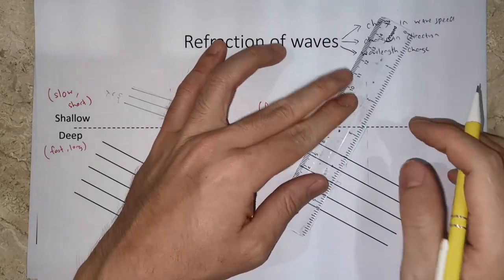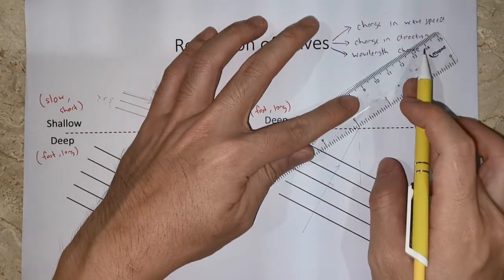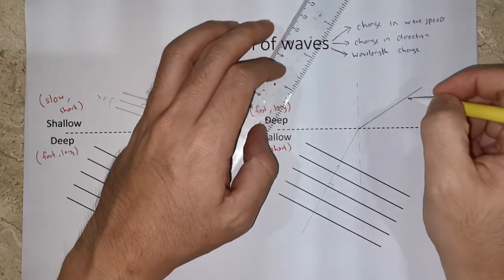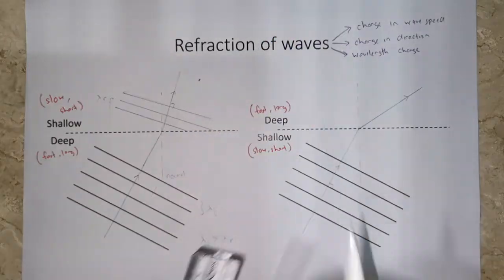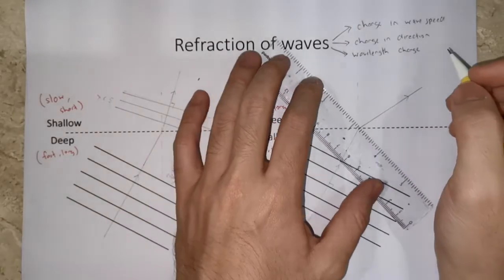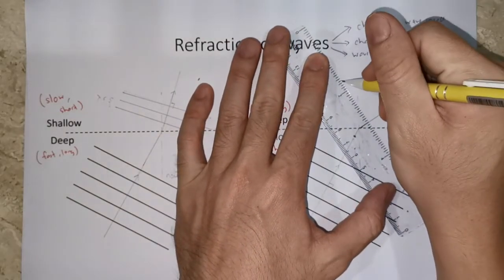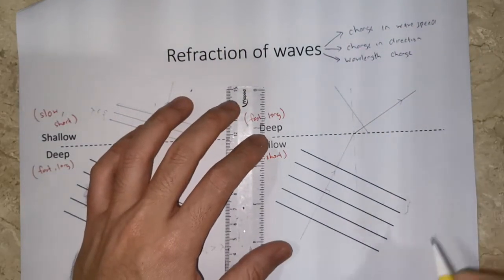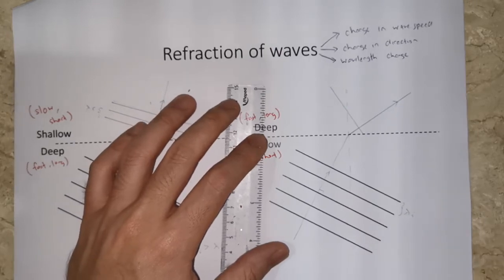Here, because it's moving to a faster region, it will bend away from the normal. Again, the angles don't have to be exact. You just need to make sure that it's apparent that it's bending away from the normal. Next, we need to draw the refracted wavefronts. Here I've got one. Now, the incident wavelength, sorry.